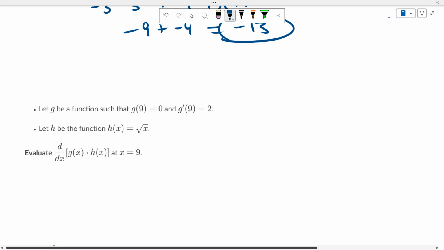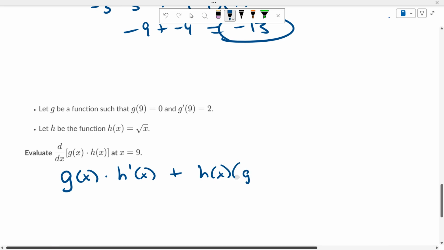All right, so we're supposed to evaluate this at 9. Okay, so this is g of x times the first derivative of h of x plus h of x times the first derivative of g of x. Okay, what is g of x?